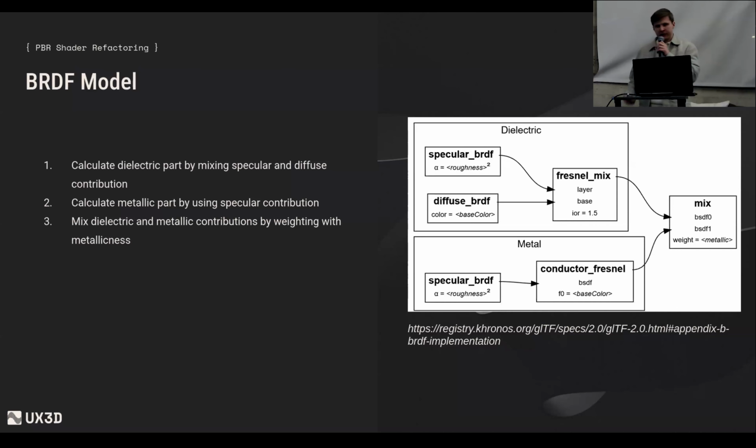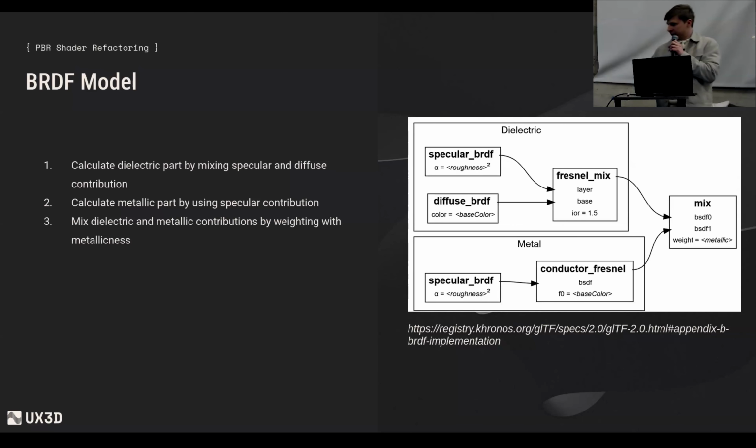And before, with the simplified version, we assumed that metal had a diffuse part of 0. With that simplification, the base color was pre-mixed, and we just added the diffuse and the specular parts together.